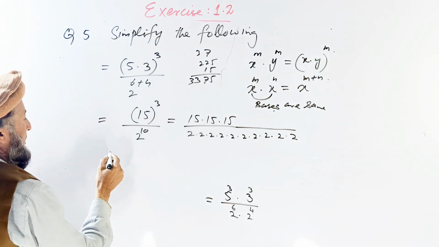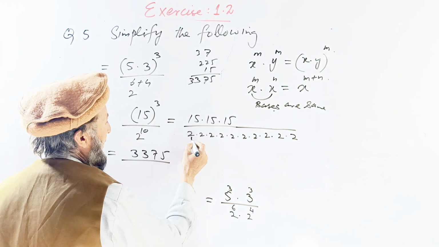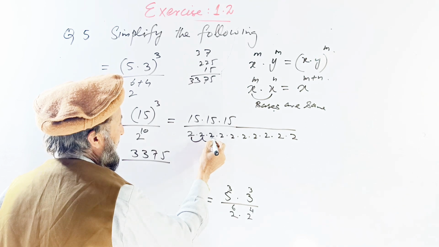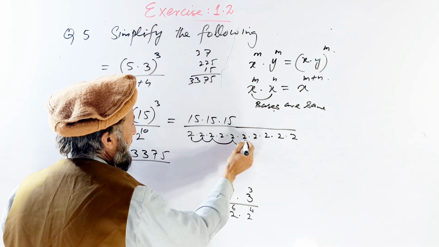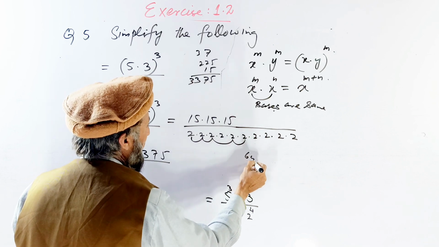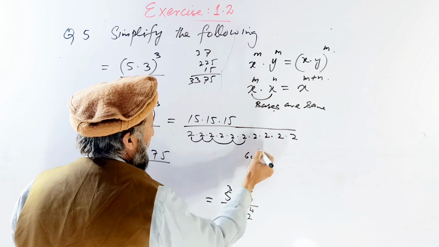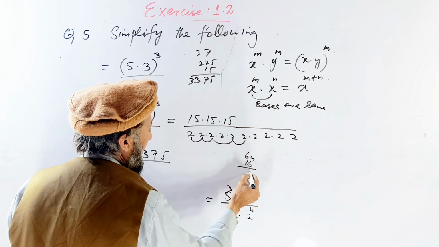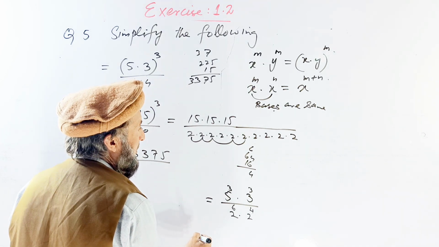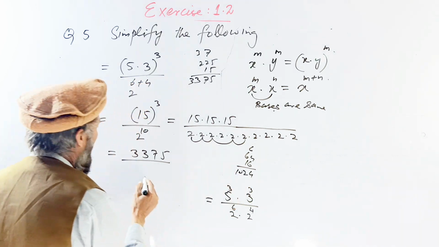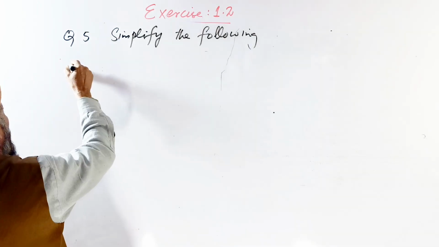So we get 3375 divided by 1024 as the answer of this question.